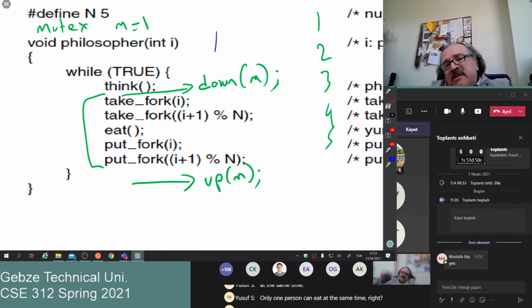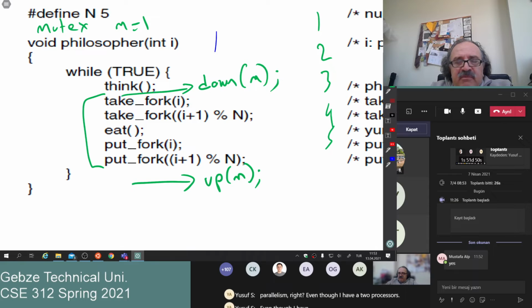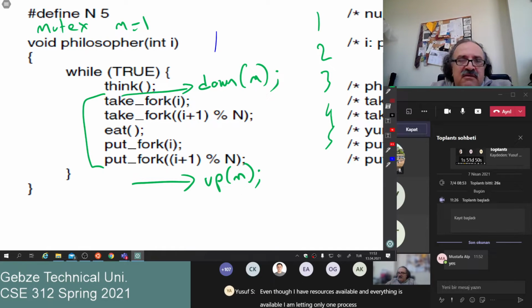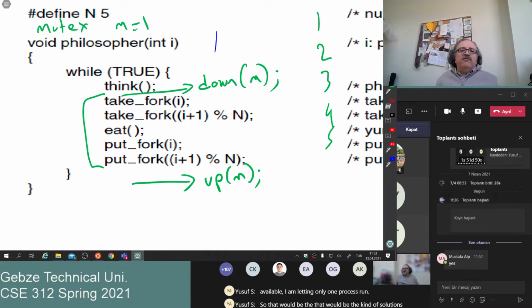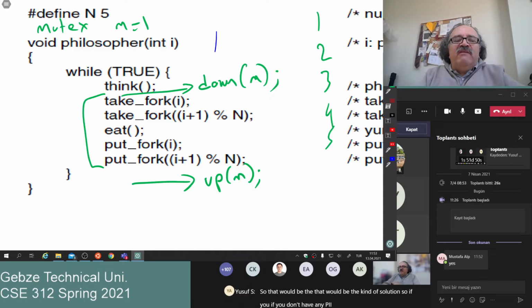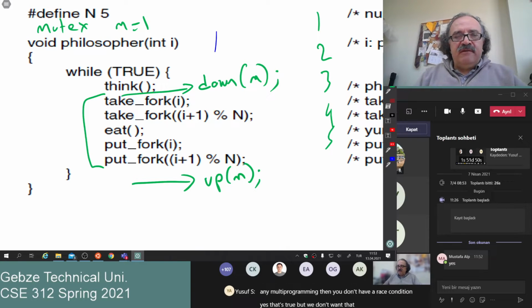If this is what you want, then there is no race condition. But in that case there is no parallelism, right? Even though I have two processors and all the resources available, I am letting only one process run. If you don't have any parallelism, any multi-programming, then you don't have a race condition. Yes, that's true, but we don't want that, right? Okay, good.